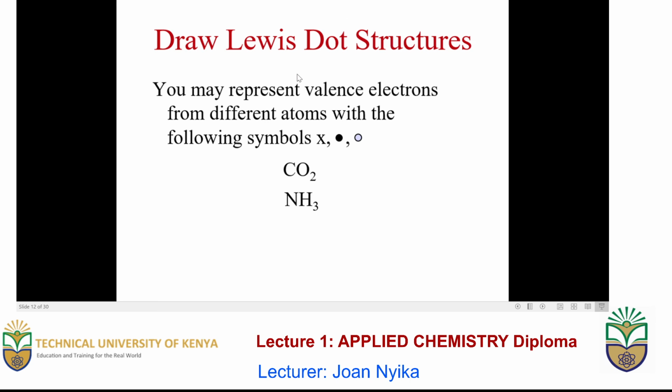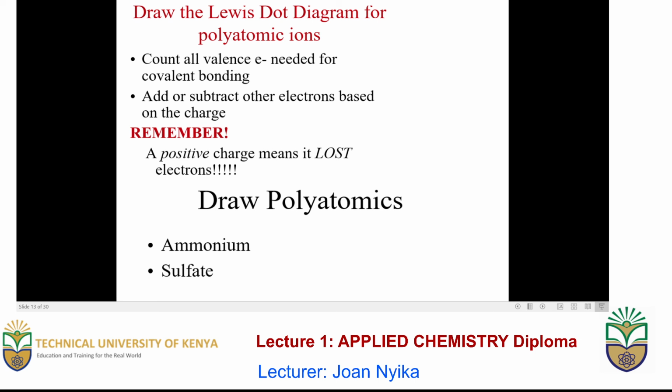Having learned about the Lewis dot structures for both ionic and covalent compounds, please represent the valence electrons for carbon dioxide and ammonia using the Lewis dot structure. Then draw the Lewis dot structure for examples of polyatomic ions such as ammonium and sulfate.